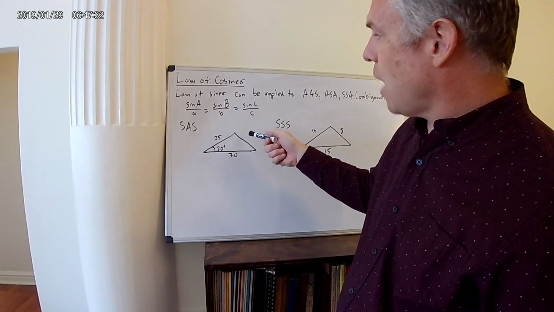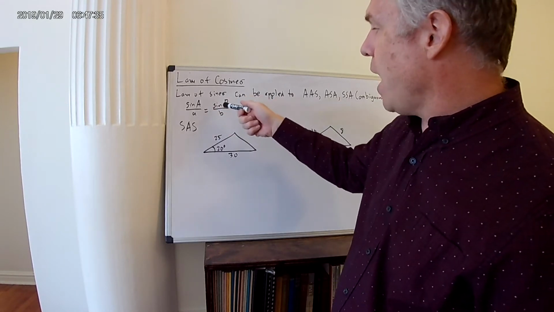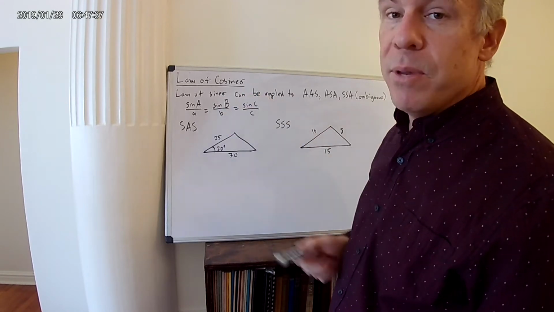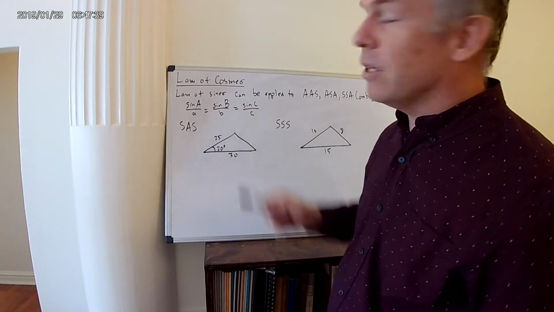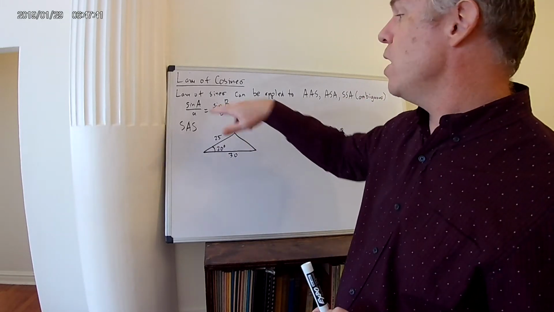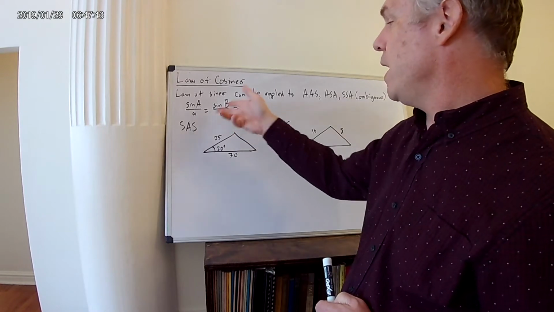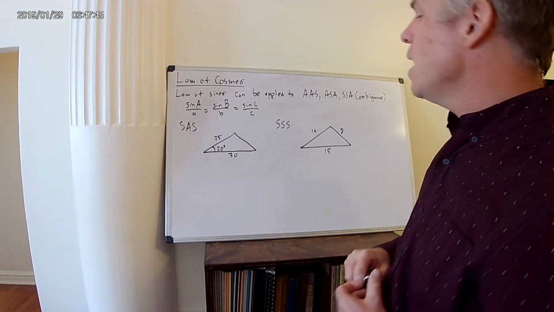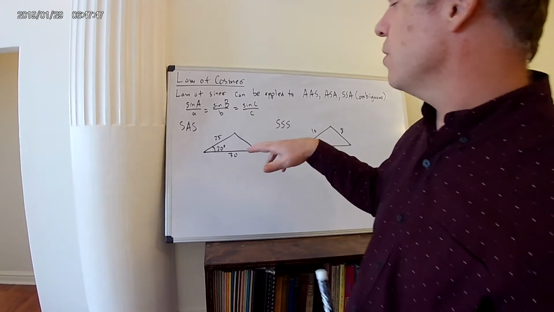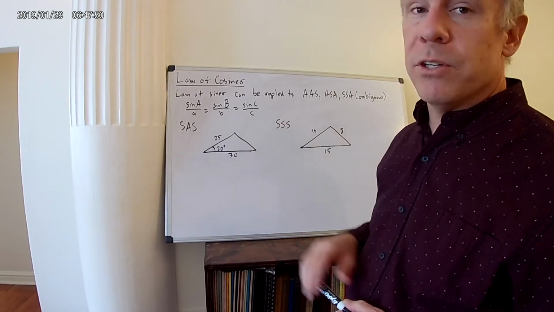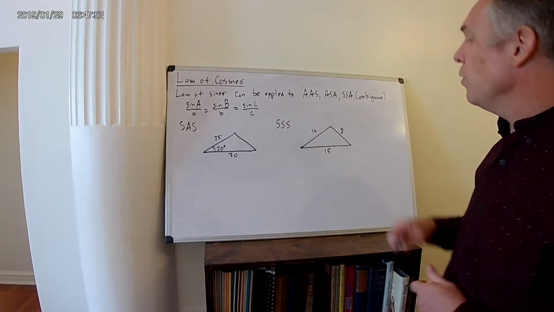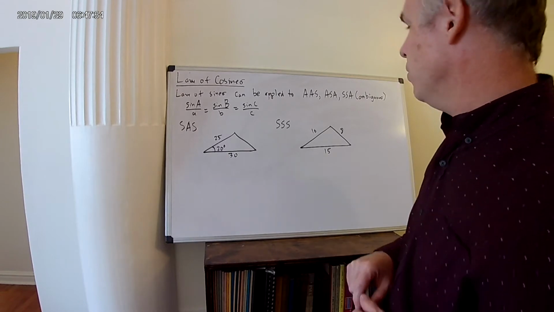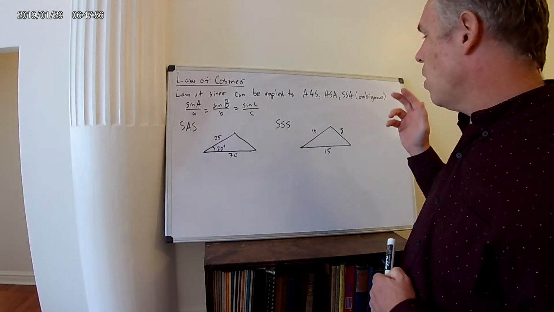We don't know this side length A, and we don't know another angle we could plug in for either sine of B or sine of C. So automatically we're going to have two unknowns in our equation in any version of the law of sines we use. And we will not be able to use the law of sines, at least initially, to solve this triangle.